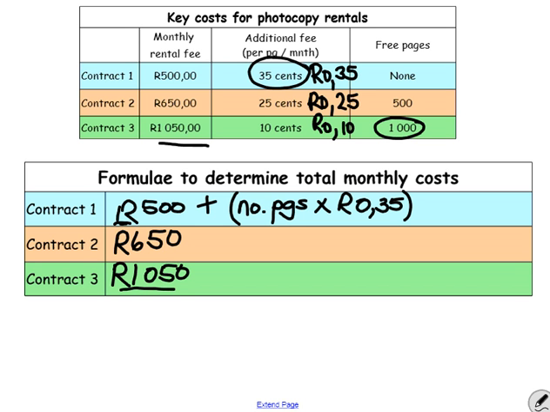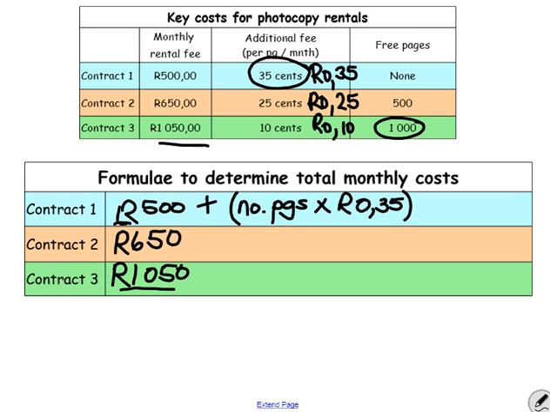How would I work out contract 2? If we used 1,000 pages, how much do you pay for? You pay for 500. If I use 2,000 pages, how much do you pay for? Okay, so how did we get that?